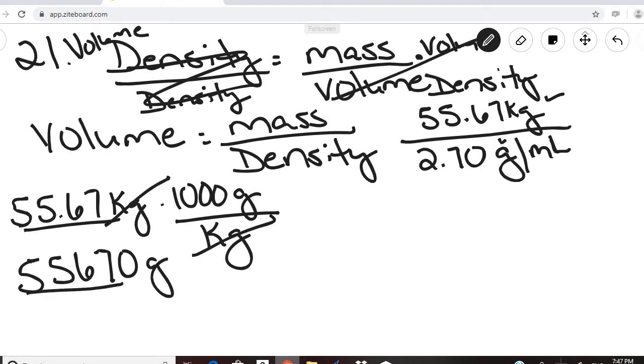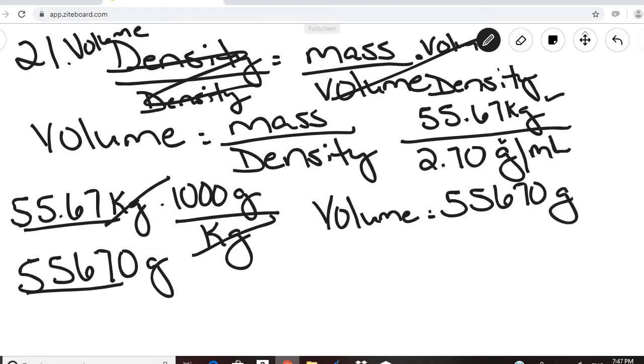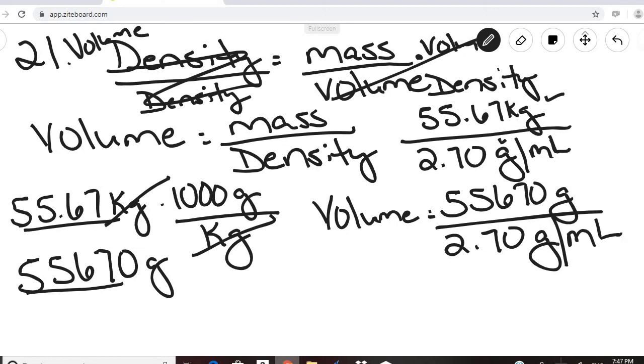So now volume is going to be our mass, which is 55,670 grams divided by 2.70 grams per milliliter.